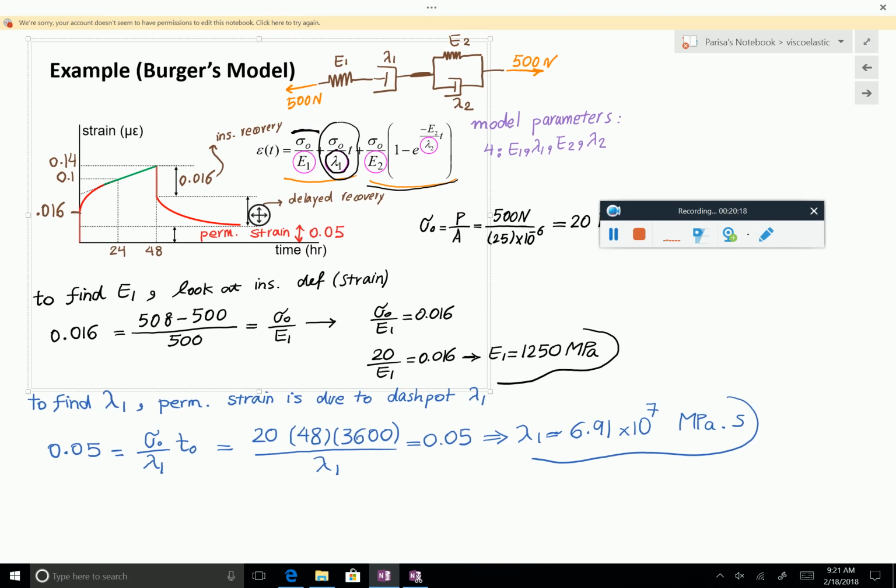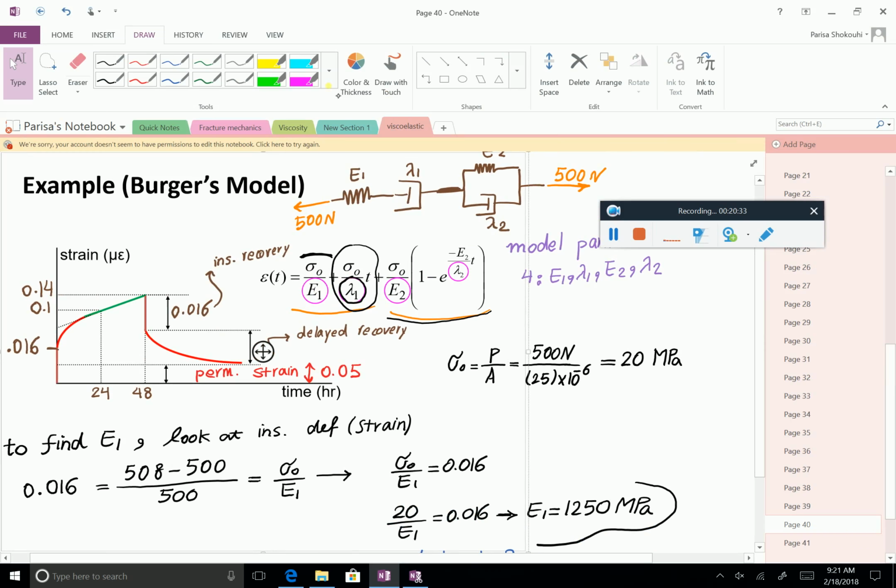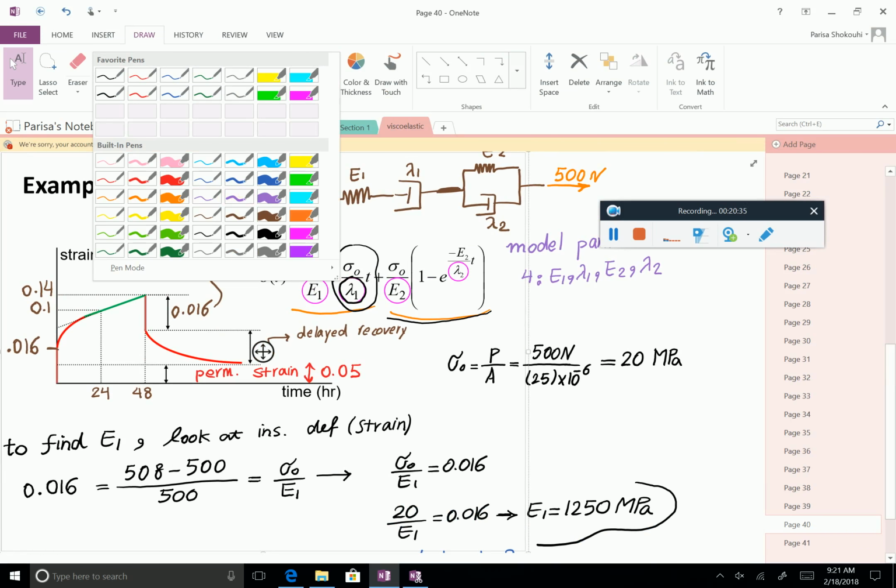Okay, now to find E2 and lambda 2, basically we have to use the other information.